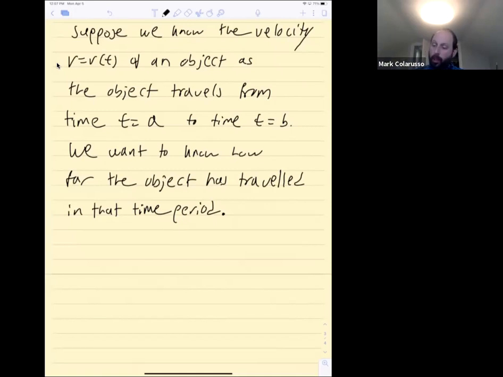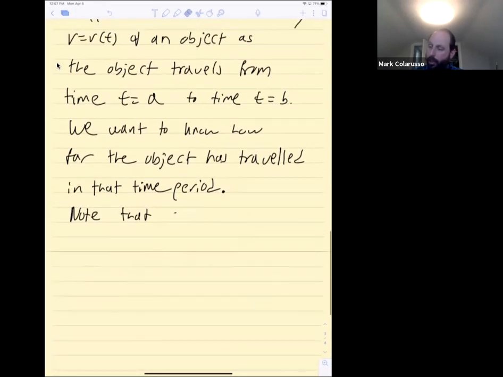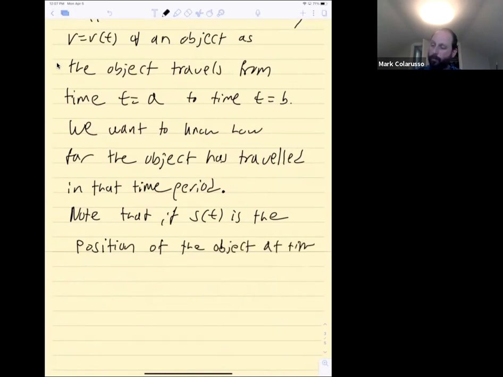Okay, well then, note that the derivative of position, so if s of t is the position of the object at time t, then the derivative of s of t, we talked about this a long time ago, is the velocity.